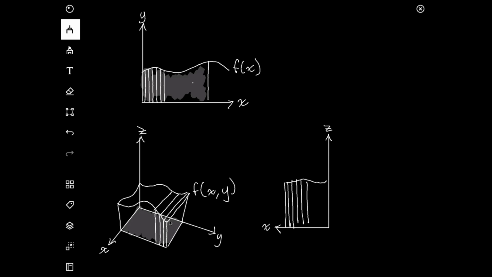So we're going to repeat that process over and over again for the entire volume of this function. So we have our first integral, then we have our second integral. Okay.